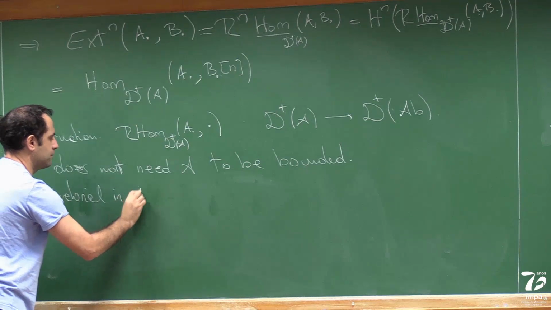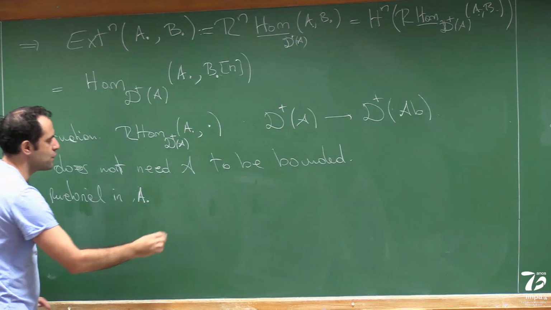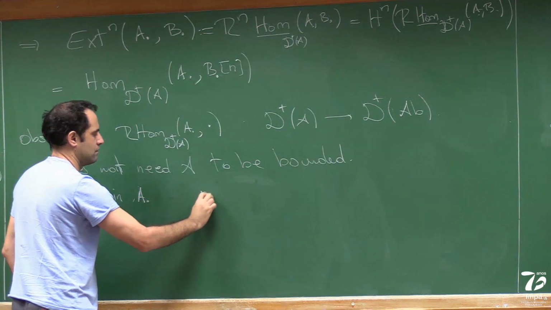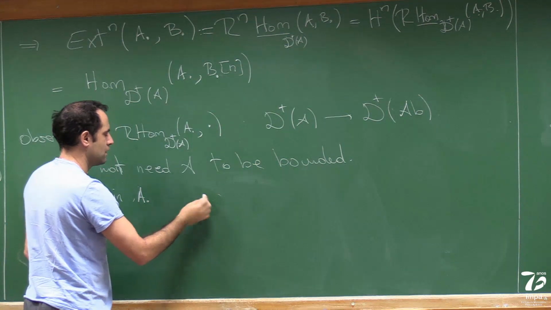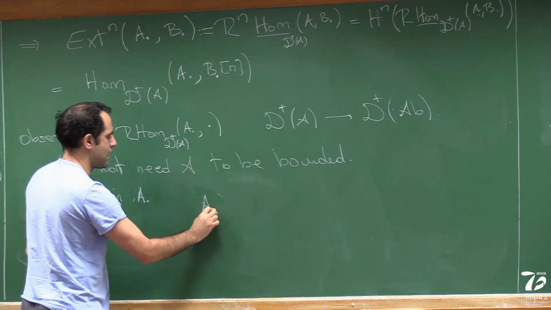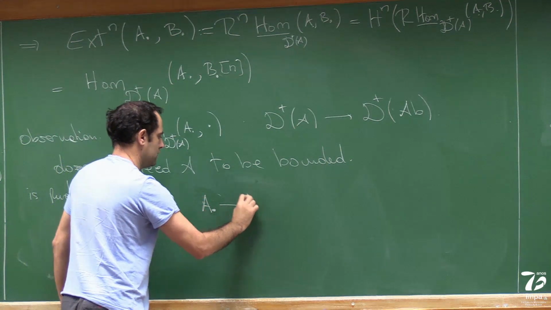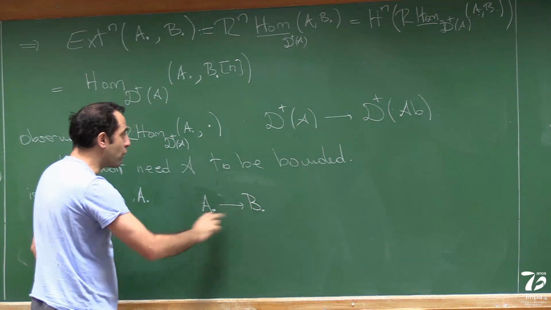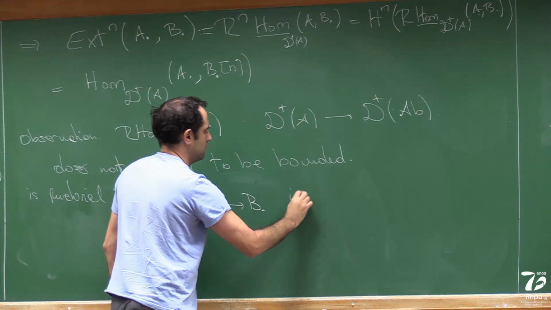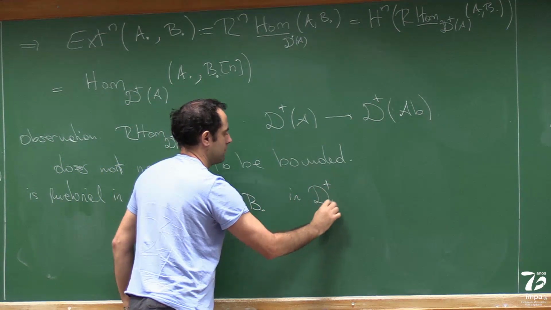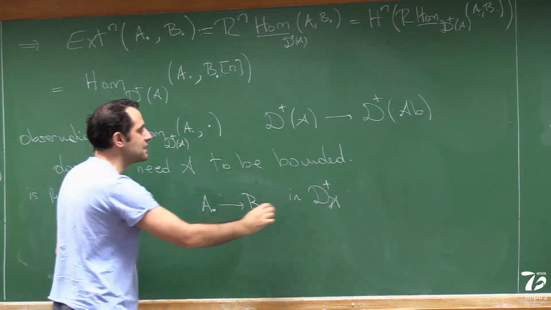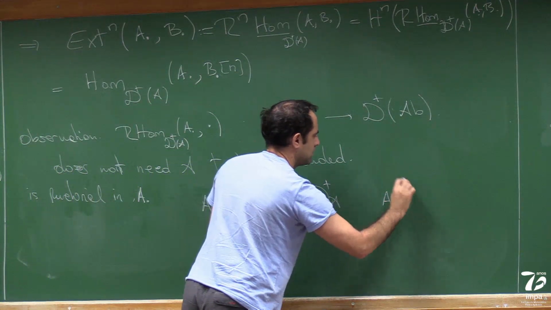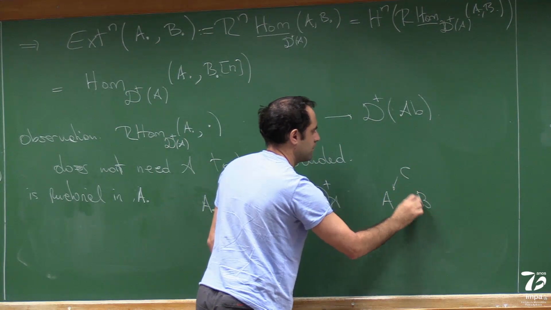In A. Namely, if you have a morphism, so let's say, suppose that you have a morphism from A to B, a morphism in DA, so remember, this means some guy like this.